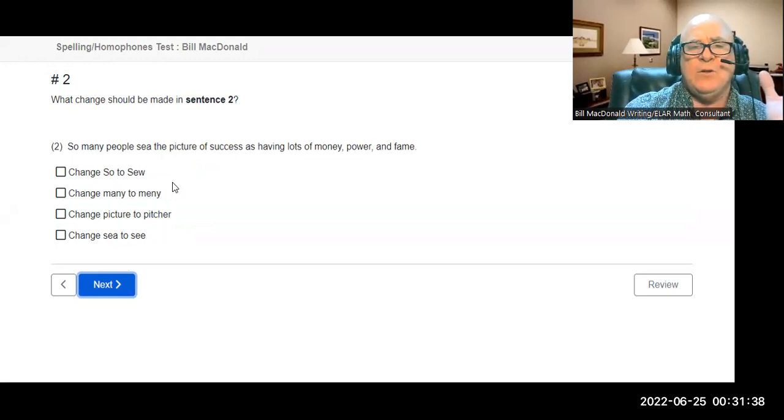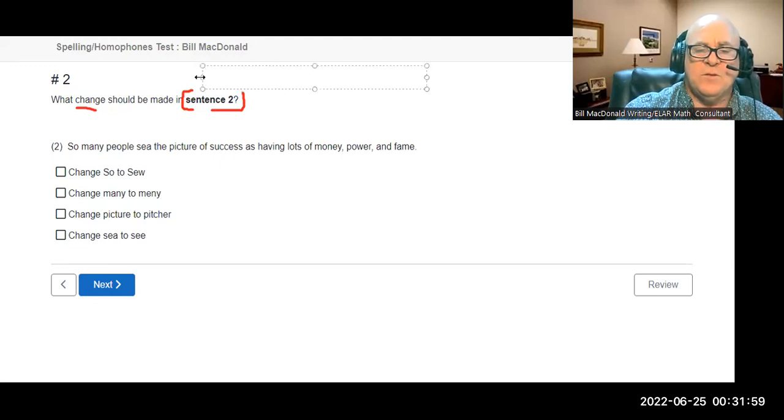What change should be made in sentence 2? So what do we say? Let's underline change. And because it says sentence 2, we could write question 2. This is just a suggestion.